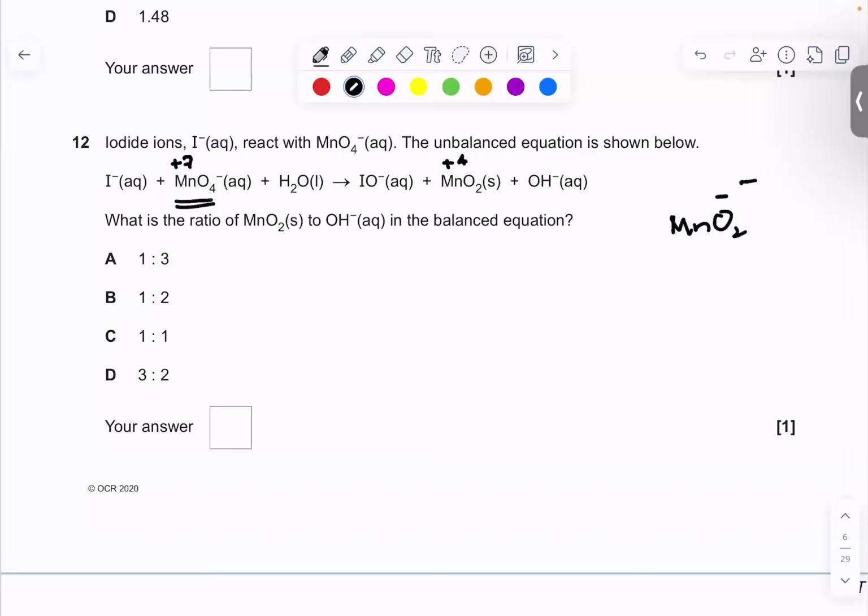This is minus 2, times 2 is minus 4, and it will be balanced by plus 4. So that means 3 electrons on the left-hand side, right? MnO4 negative plus 3 electrons changes into MnO2.